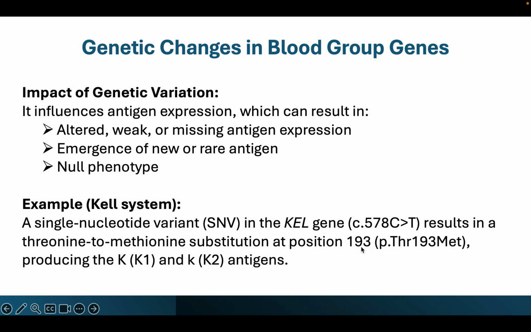If I have a patient and I am in doubt whether he has the big K or the Chilano antigen, I can do molecular testing and see if there is threonine at position 193, then this patient has the big K. And if he has methionine instead, he has Chilano.